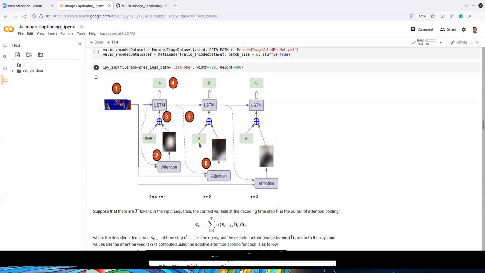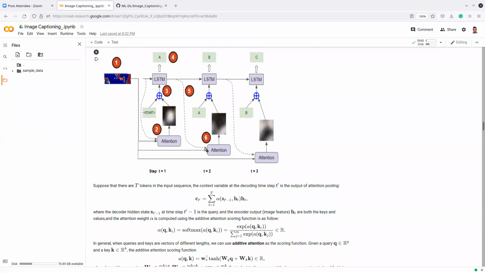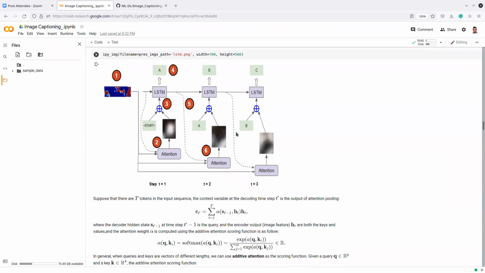I built 3 different models, starting from the basic idea of image captioning, which is using the RNN, recurrent neural network. I used the long short-term memory recurrent neural network with the attention mechanism.